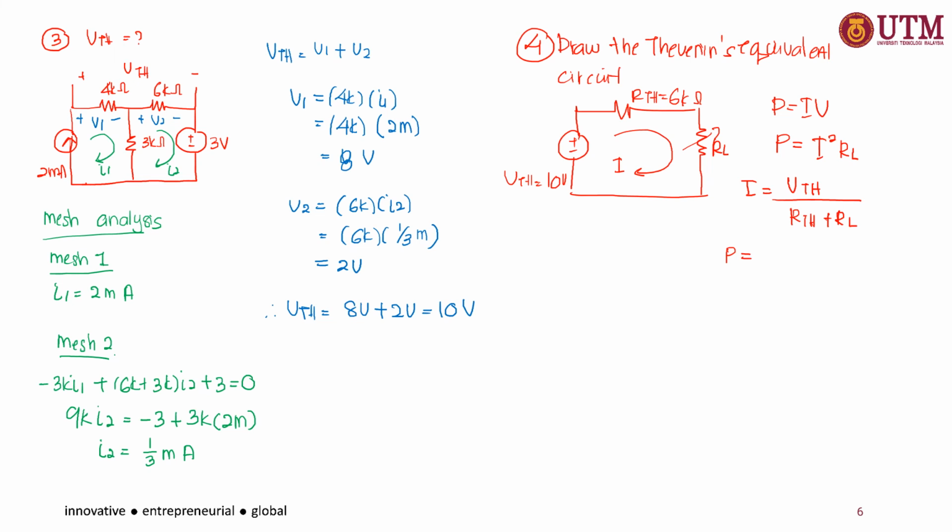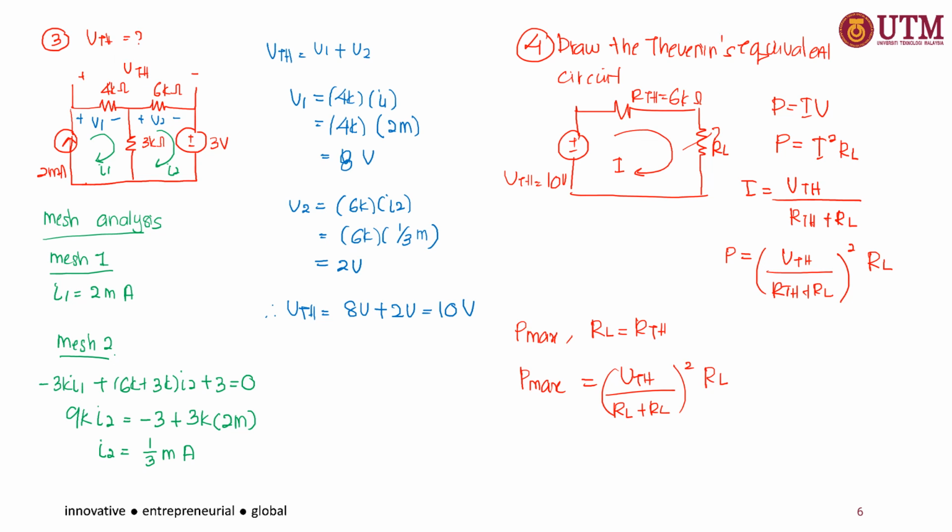We will get P equal to VTH divided by (RTH plus RL), to the power of 2, times RL. At P max, your RL is equal to RTH. So substitute this RTH into RL. We will get our P max is equal to VTH divided by (RL plus RL), to the power of 2, times RL. So we get VTH to the power of 2 divided by 4RL.